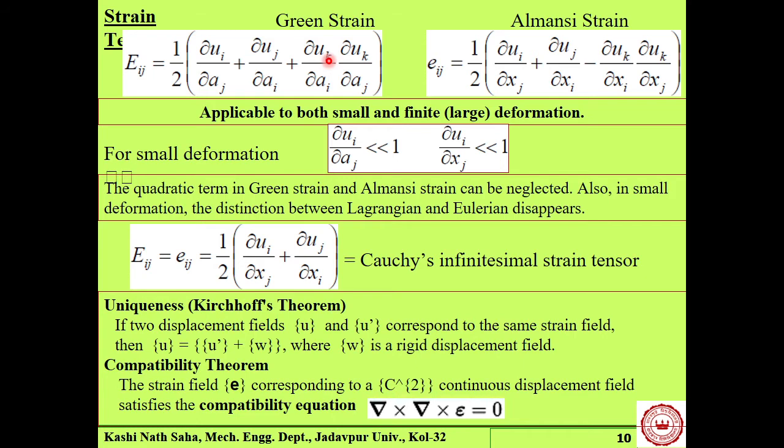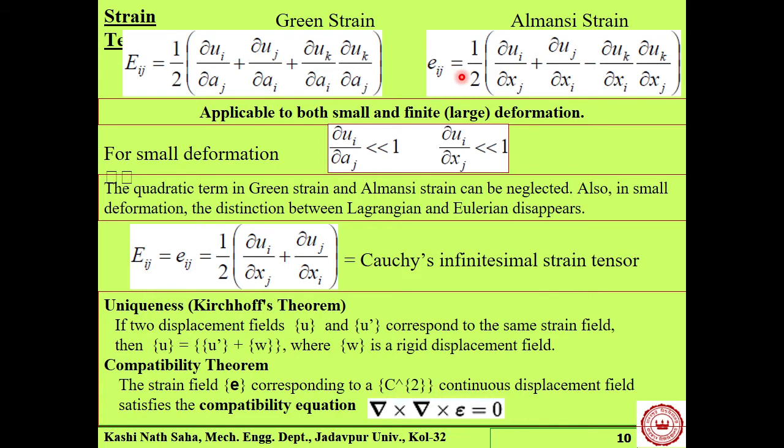So we can neglect that. This is a particular measure known as Green strain. This is Almansi strain. Actually, this is the rotation part. Some rotation is associated with that.